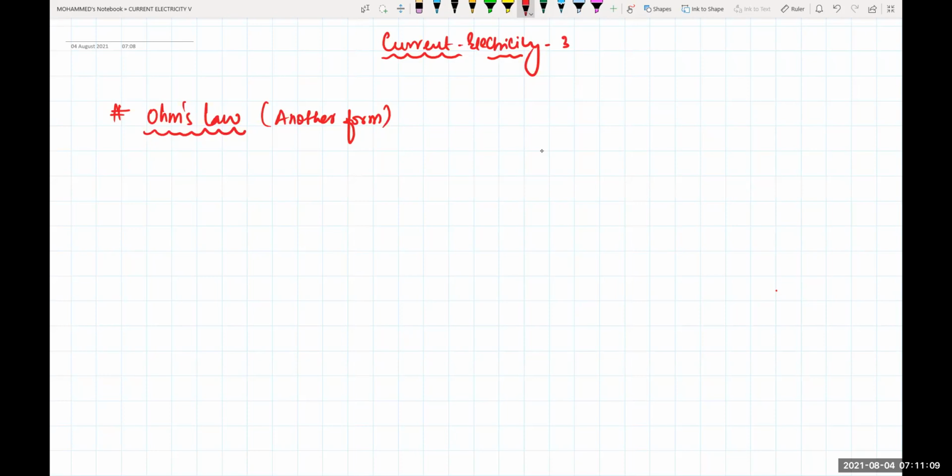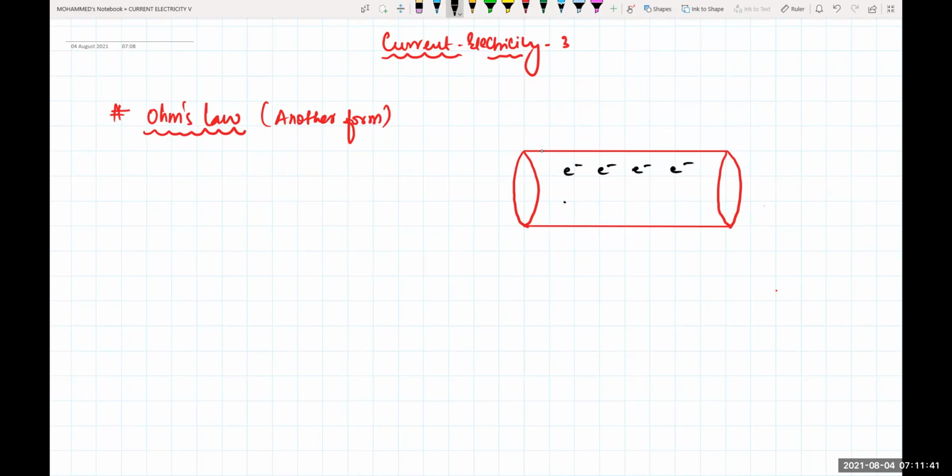Now we are writing Ohm's law in the other form, that is V equals I into R. So consider a conductor here, beta. This is your conductor, and it consists of n number of electrons. This is the surface area of this one, and this is the other surface area.